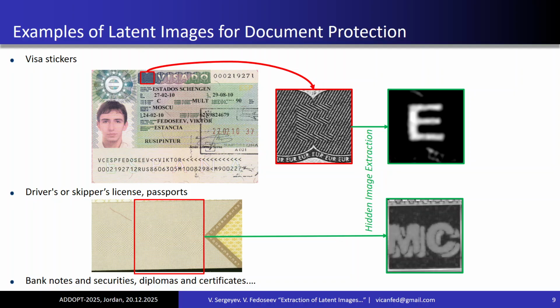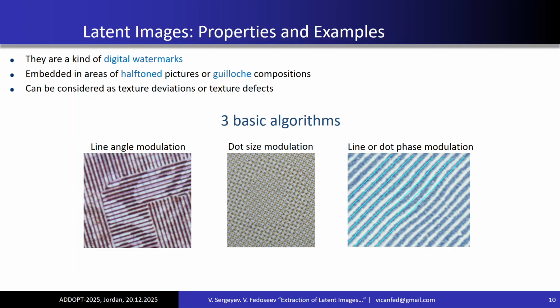This is an example of a latent image, and now we can describe them as digital watermarks, which are embedded in areas of half-tone features or Guillaume compositions, and they can be considered as texture deviations or texture defects.